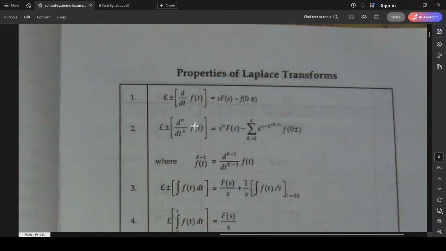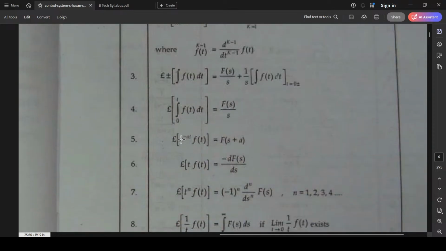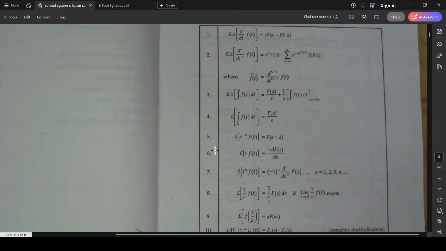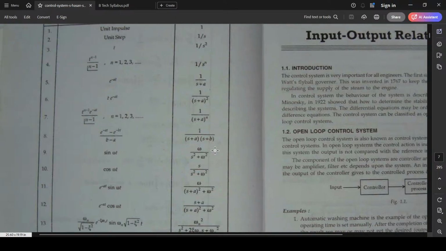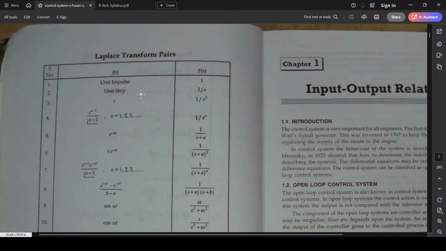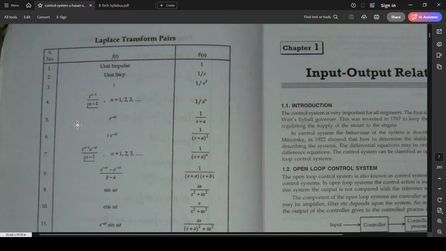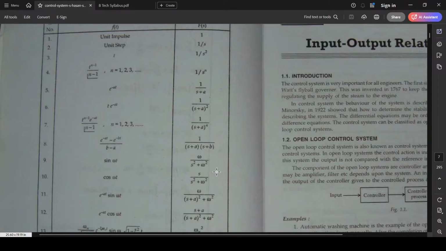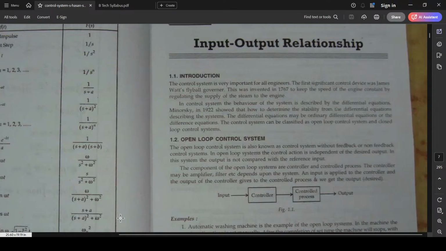Laplace of the derivative with the power is given here, and this is the summation. We will look at this while solving. This is also the unit impulse, unit step, the Laplace transform of e to the power of minus at, and all of these, sine, cos.